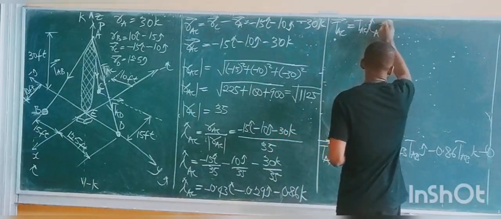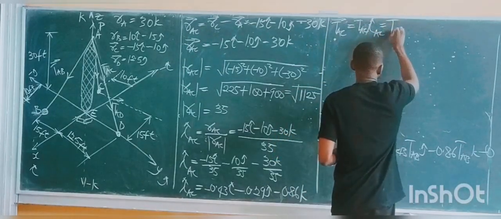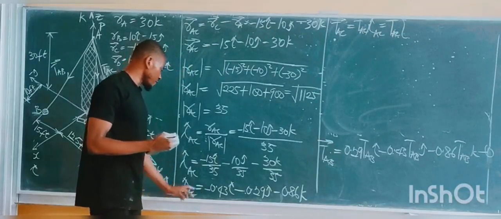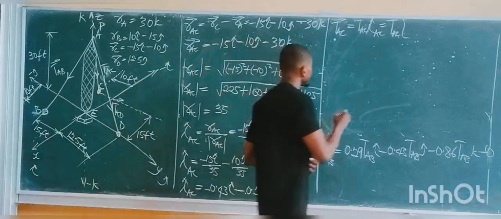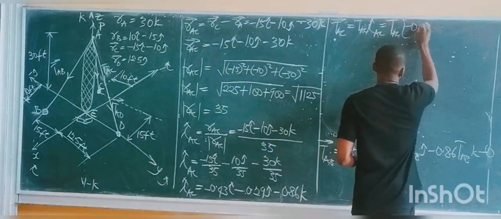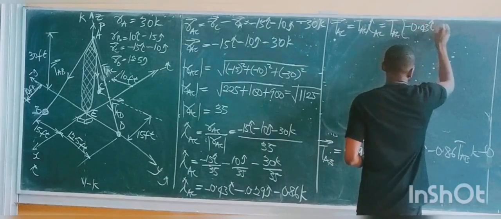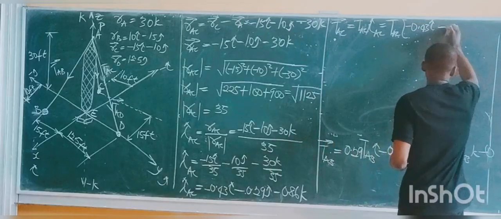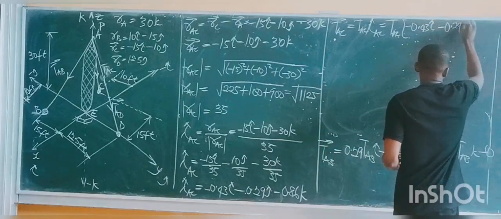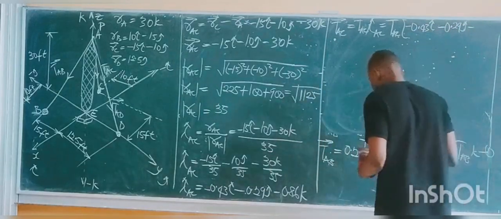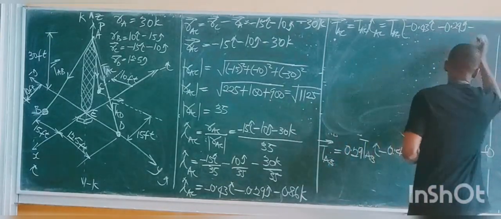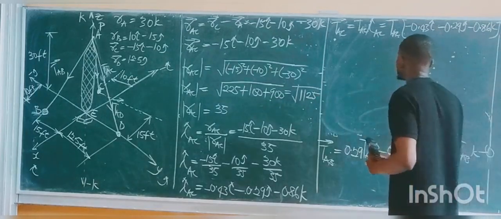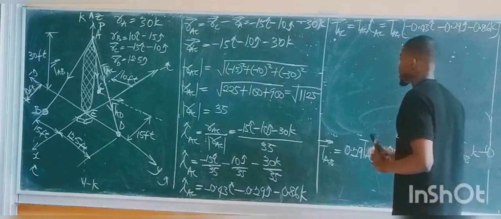This is the magnitude of tension in cable AC multiplied by the unit vector, which is given as minus 0.43i, minus 0.29j, minus 0.86k. So let's simply expand the bracket and see.